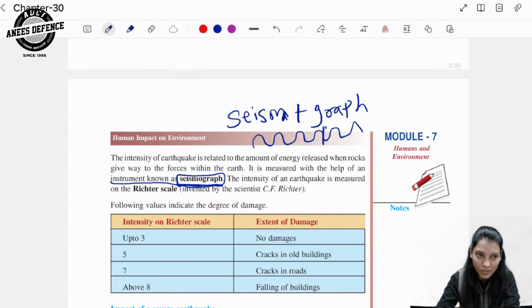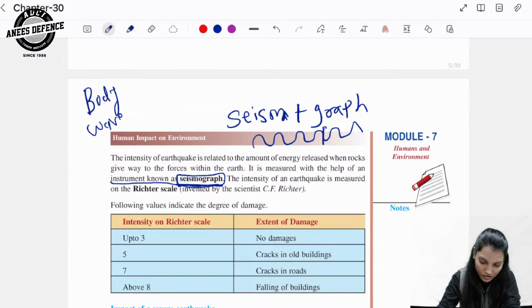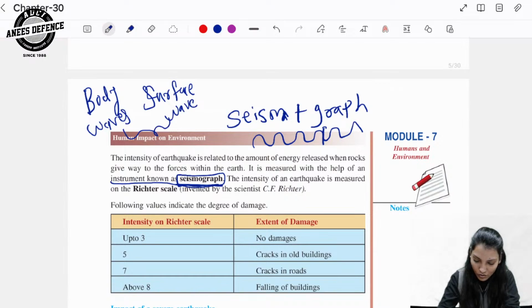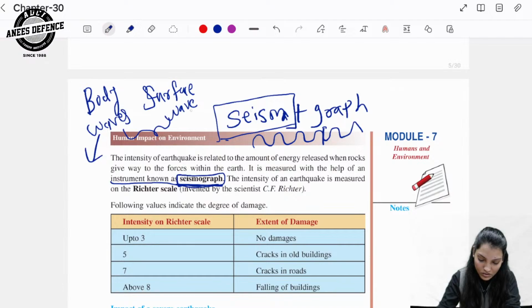There are types of seismic waves, like body waves and surface waves. These waves together are called seismic waves. Body waves occur in the lower crust.